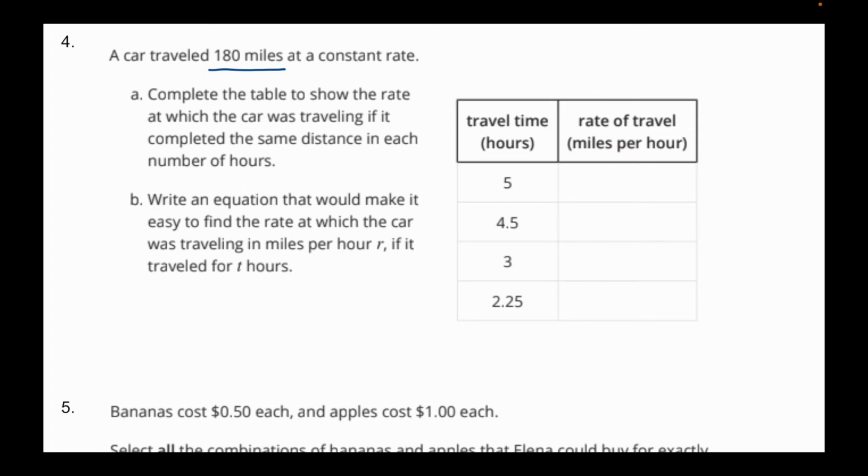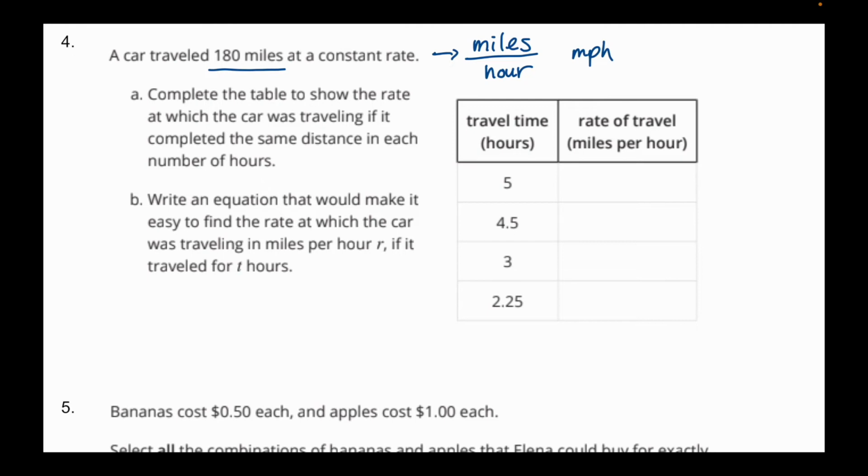So we're still doing that 180 miles, and then we want to write an equation. Well, our rate is probably miles per hour, or mph. A rate being miles per hour means I should probably take my number of miles and divide it by the number of hours.